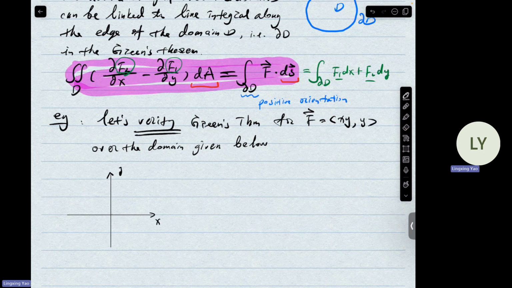This is x, this is y. Okay, so this is our domain D.